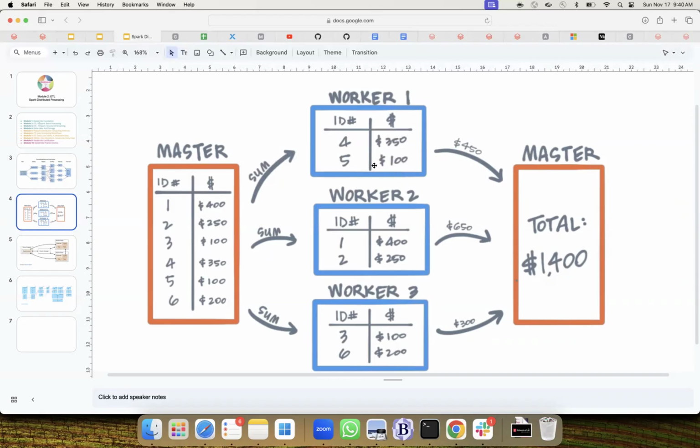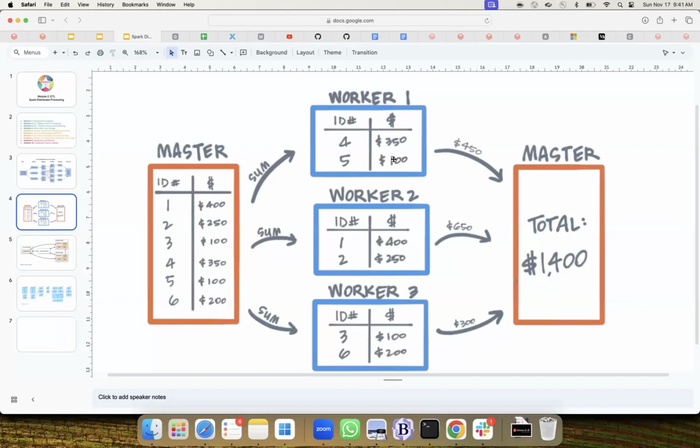Internally, this worker may have executors. It will create tasks on each partition. So this may have 5 partitions or 10 partitions, run on all partitions, and then create the sum. Same thing for worker 2, same thing for worker 3. Then when they are done, they go back to the master and say, I am done with the job that you have given me on the data I hold.